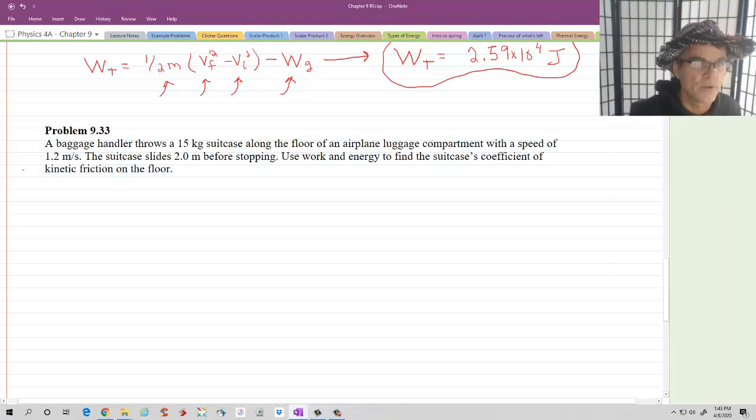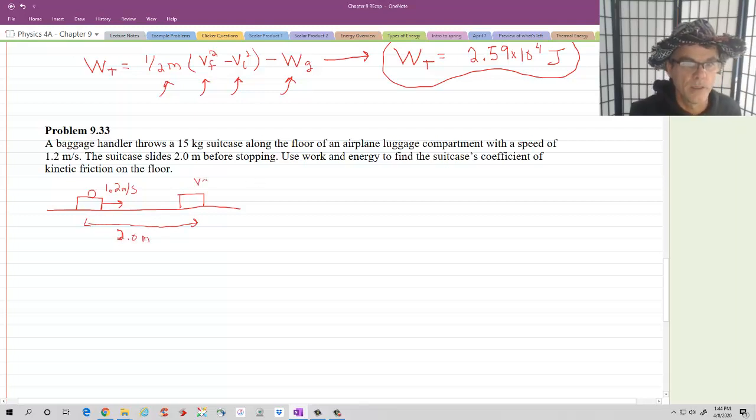All right, so here's the situation. I've got a suitcase that's moving at 1.2 meters per second, and let's just assume it's moving to the right. There is friction, and because of friction, after sliding 2 meters, this thing comes to rest.